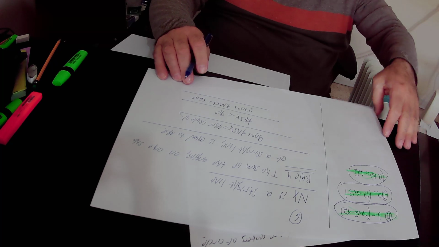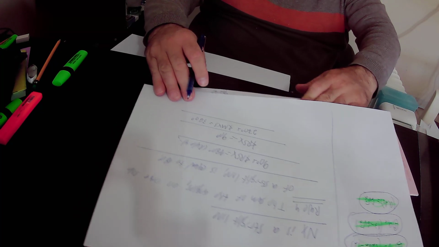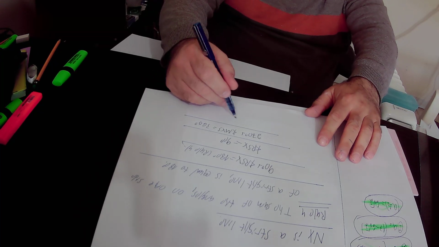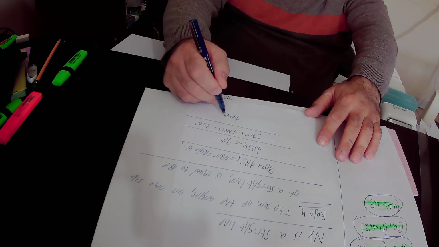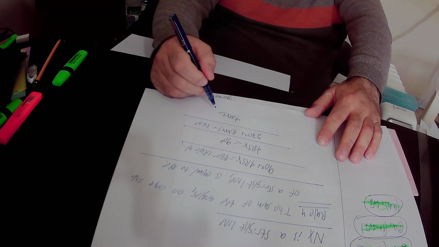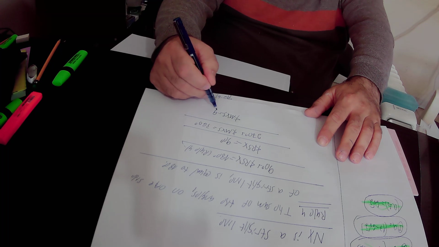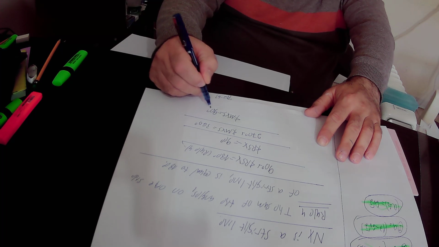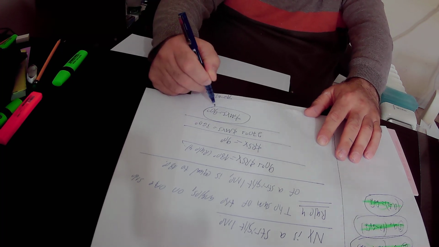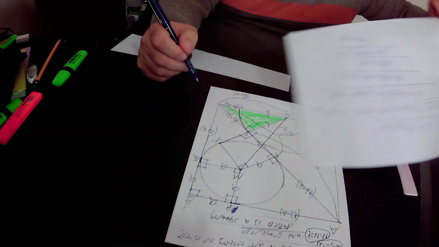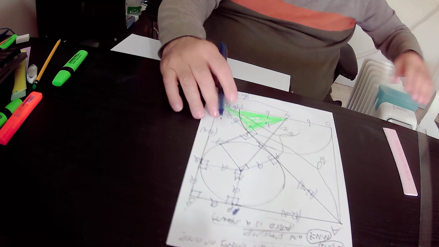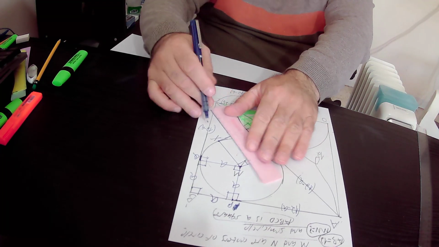Subtracting 270 degrees, we get that angle MXS is equal to 360 degrees minus 270 degrees, which is 90 degrees. So the missing angle MXS equals 90 degrees.